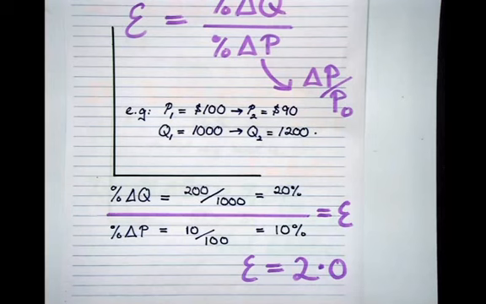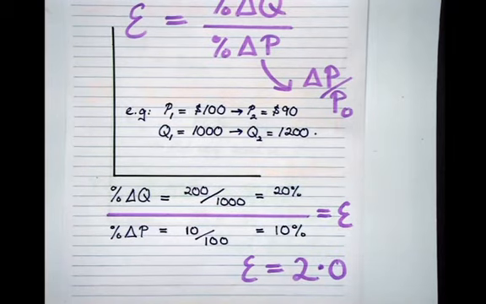It is convention to not include the minus sign for price elasticity. If you could add that, please. Can you see why?